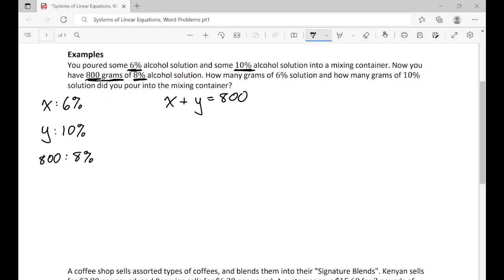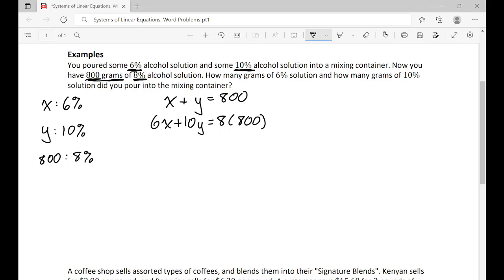Now I can put in the percentages to each one. You can put them as a decimal, or just write them as a percentage, whichever you prefer. I'm just going to put them as the number itself, not the decimal. So 6% of X, 6X, 10% of Y, 10Y, and this one's going to be weird, but trust me on it, 8% of 800, so 8 times 800.